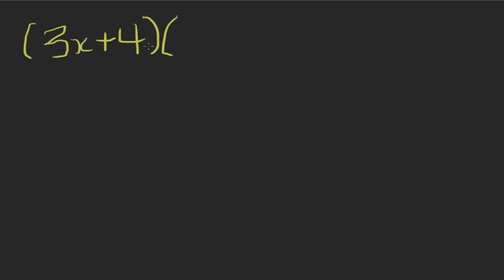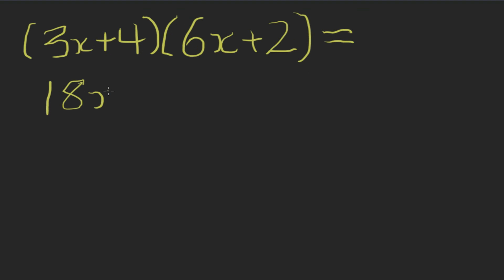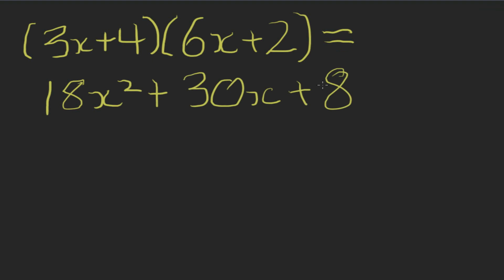Now, 6x plus 2. Now, let's quickly factorize that, so it'll be 18x squared plus 6, 24, 30x, if I'm correct, plus 8. 3 times 2 is 6, and 4 times 6 is 24, 6 plus 24 should be right.